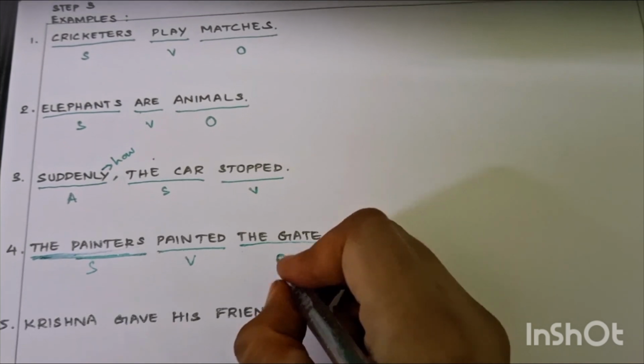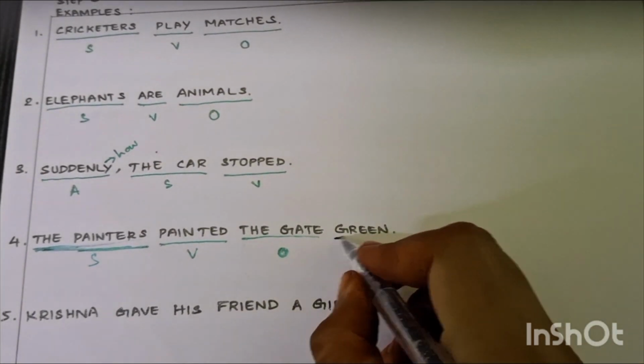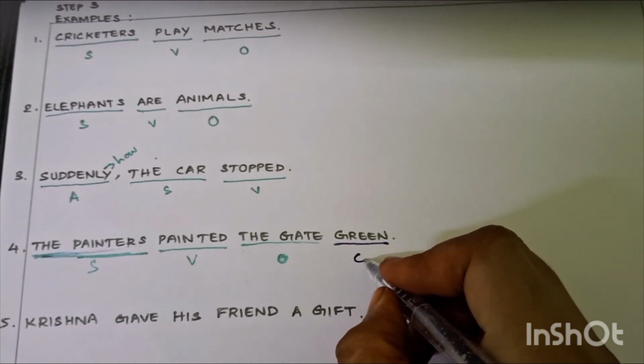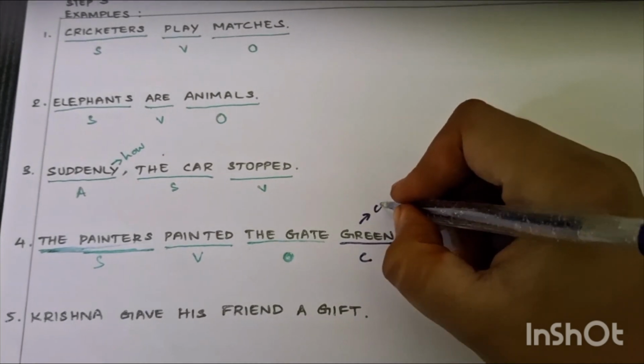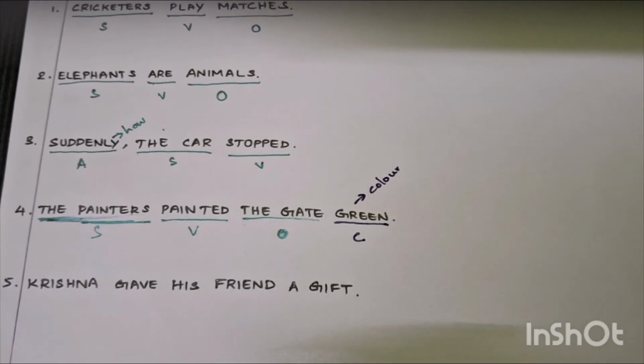It answers the question what. And next, this green is a completion unit, which is complement, because it describes the color of some object and also gives the complete meaning to the sentence. The painters painted the gate green.